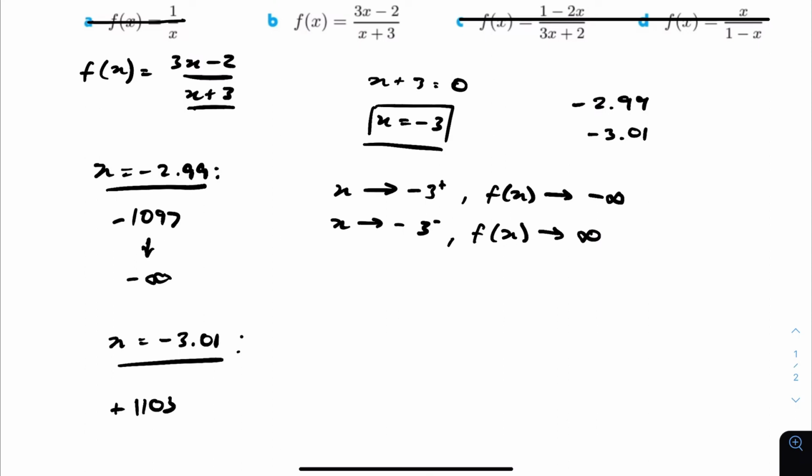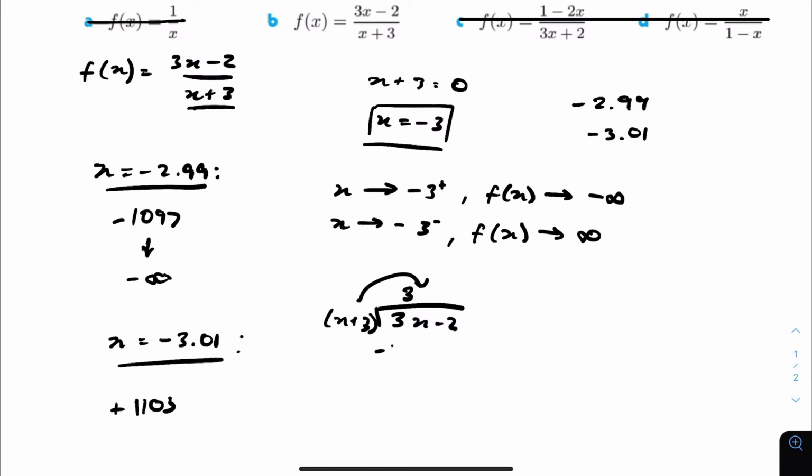Now, we still have horizontal asymptotes that we haven't yet identified. The way we can do that is by dividing the numerator by the denominator. So 3x minus 2 divided by x plus 3: how many times do we need to put x plus 3 into 3x minus 2? We base it off the coefficient of the largest power of x, so this can fit in 3 times.